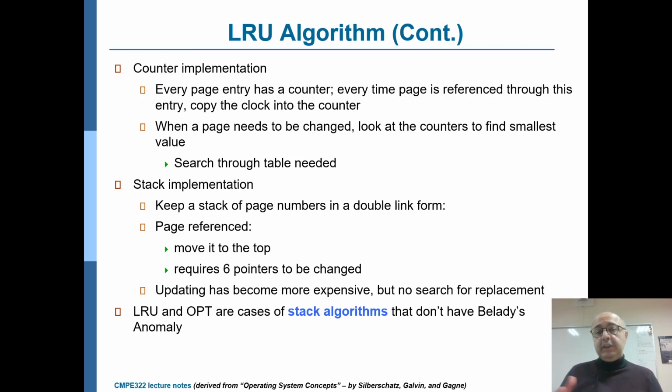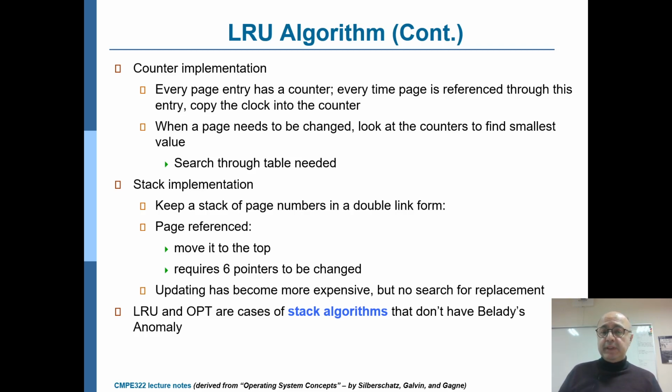When you need to find the one which has not been accessed for the longest duration, look at those counter values. Since the counter contains the last access time, the smallest counter value is the one that has been accessed furthest in the past. So you can just replace that one. But note that this requires searching through a table.